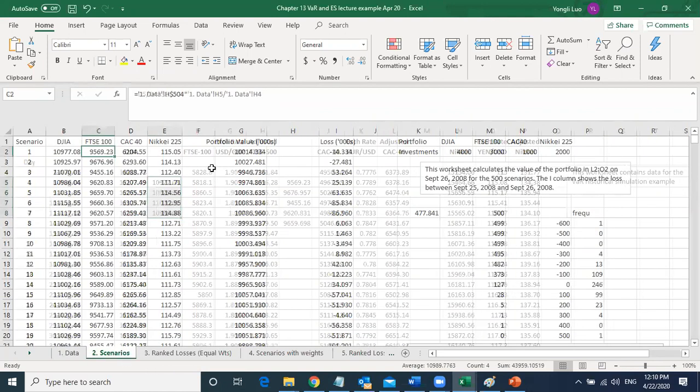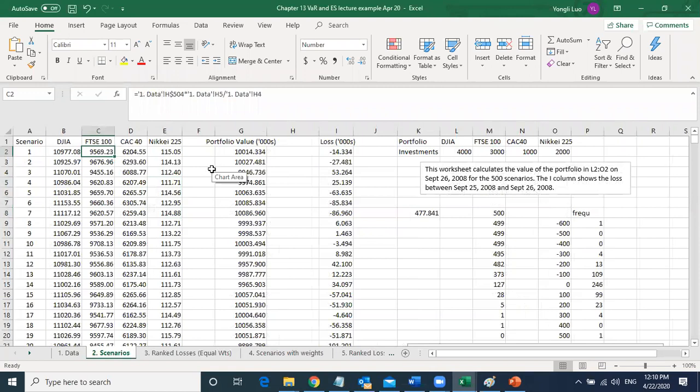Once you have that, what you need to do is calculate the portfolio value. So what is the portfolio value? In the portfolio, you invest 4 million in Dow Jones, the unit being thousands, then 3 million, 1 million and 2 million.